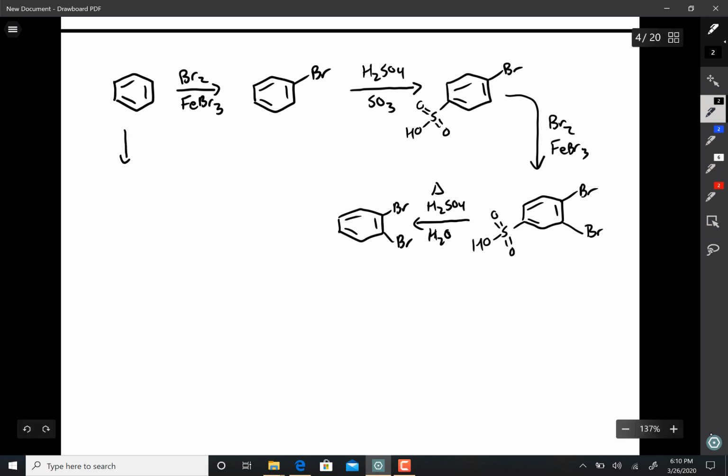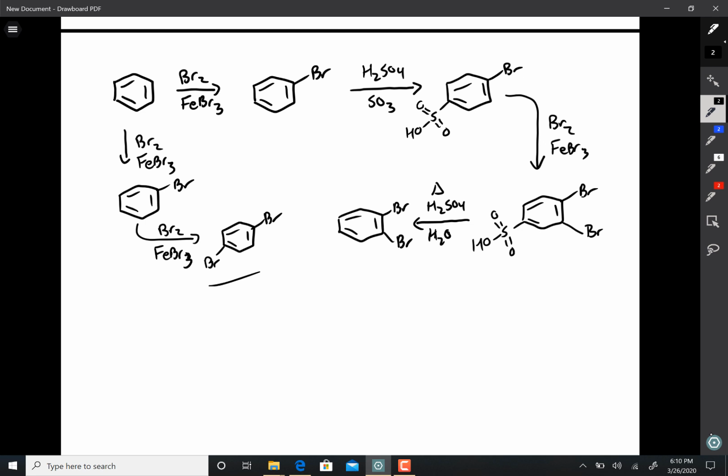Now, we just add 2 bromines. It seems like a roundabout way, but if we were to add it traditionally, the major product would likely be the para-disubstituted bromine.